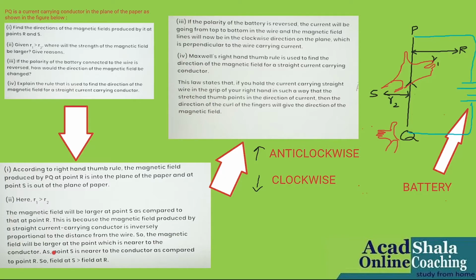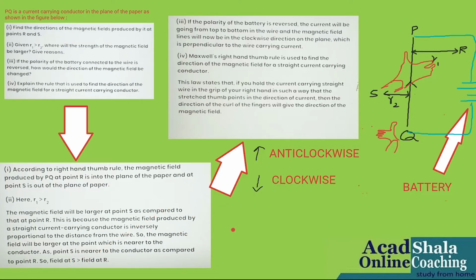So the magnetic field will be larger at the point which is nearer to the conductor. Of course, point S is nearer to the conductor as compared to point R. So field at S is greater than field at R.